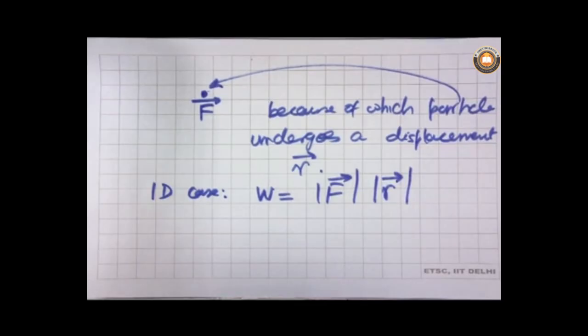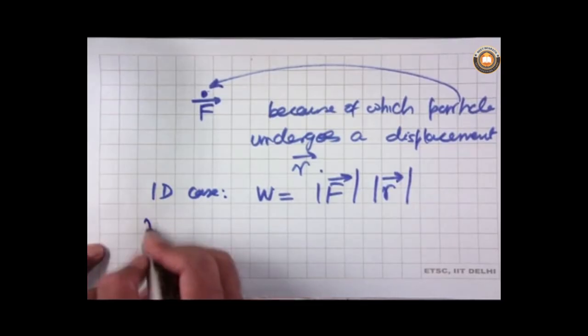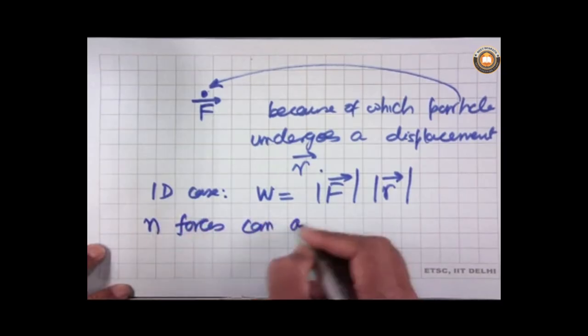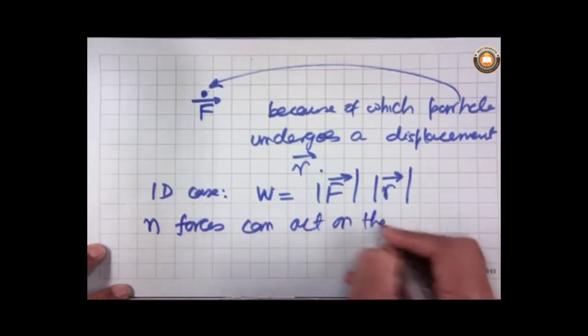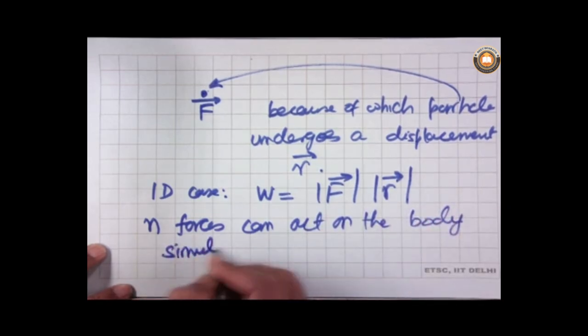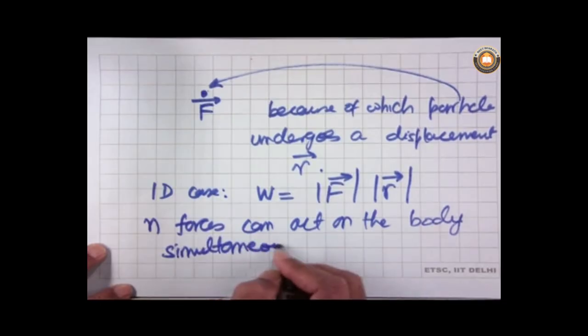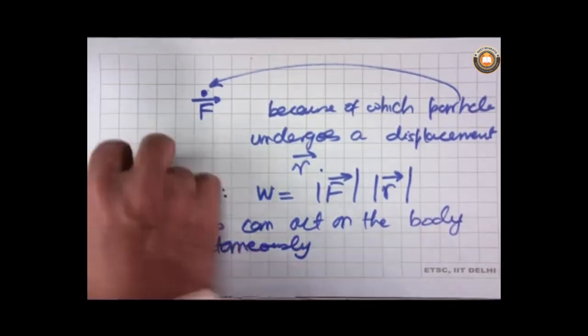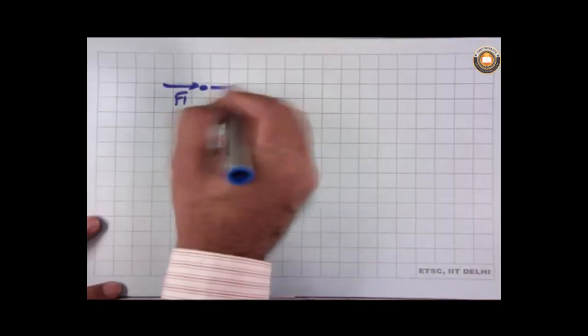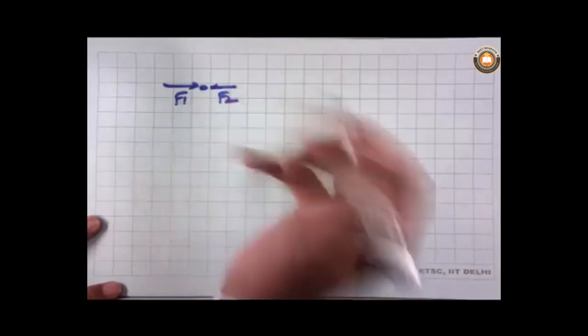Now, it can so happen that n forces can act on the body simultaneously. Let us say we have a body on which we have a force F1, a force F2 and so on.